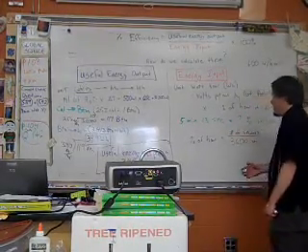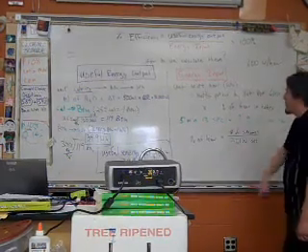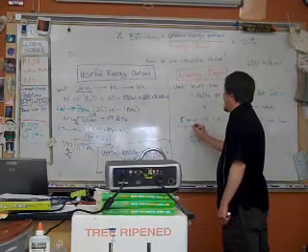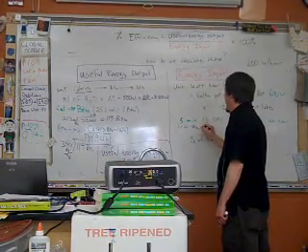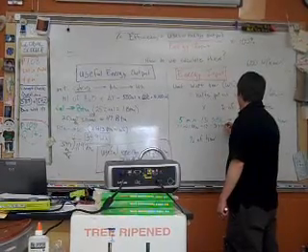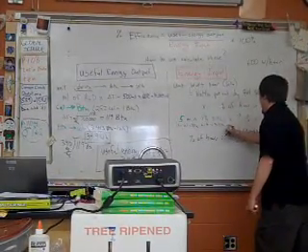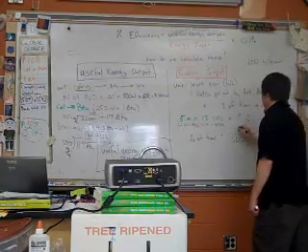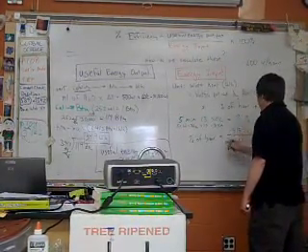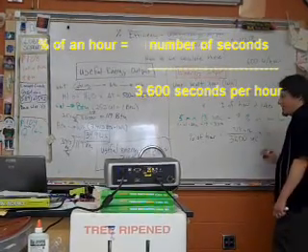So 5 minutes and 13 seconds is 5 times 60 seconds, 300 seconds, plus 13, 313 seconds. So 313 seconds divided by 3,600.